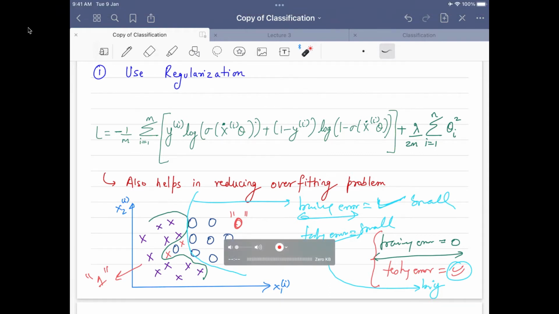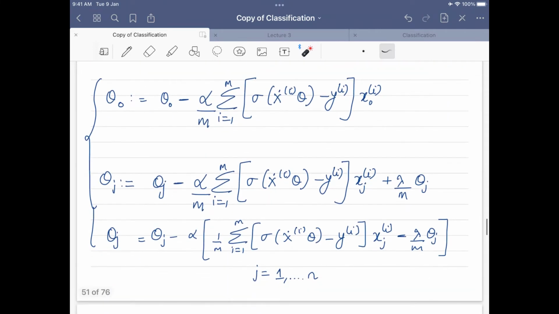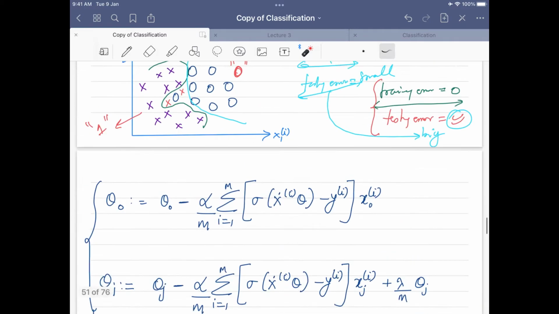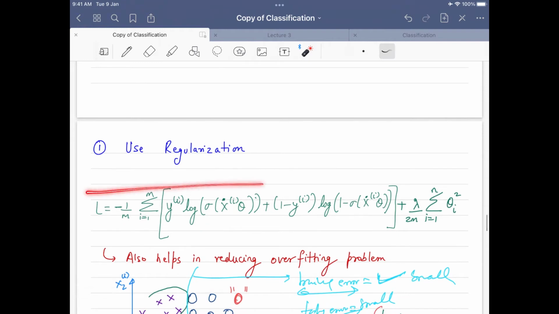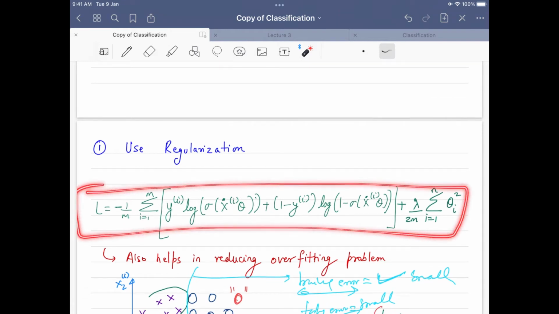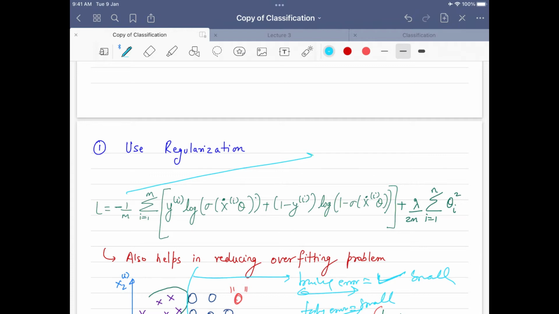So this is the first way of using regularization, and these are the gradient descent equations that you can derive yourself for this particular cost function, which is over here. So what it is doing is, it is calculating partial loss by partial theta for this particular loss function. You can calculate it yourself, it's very easy to do.